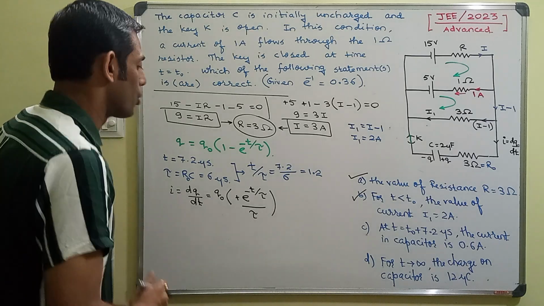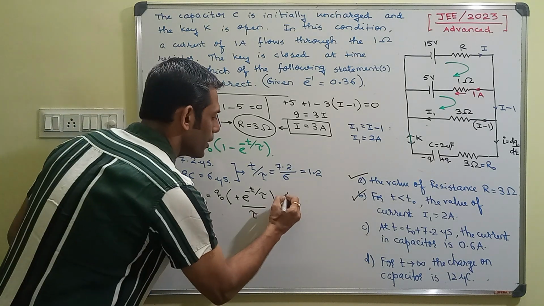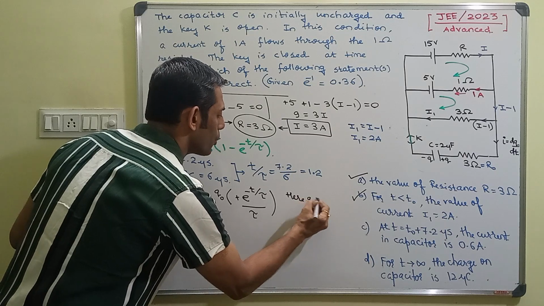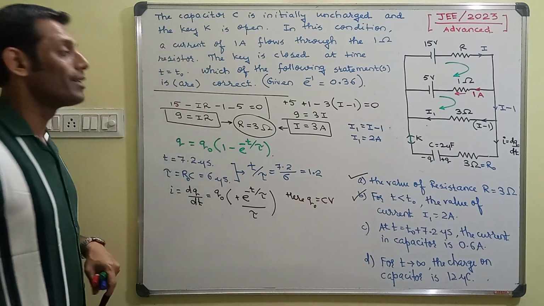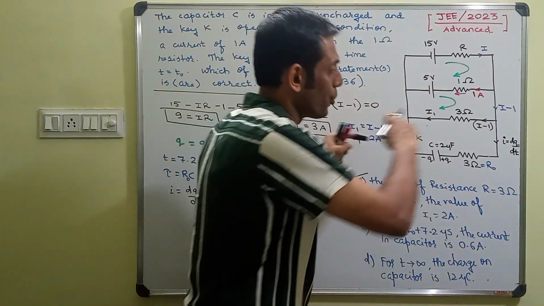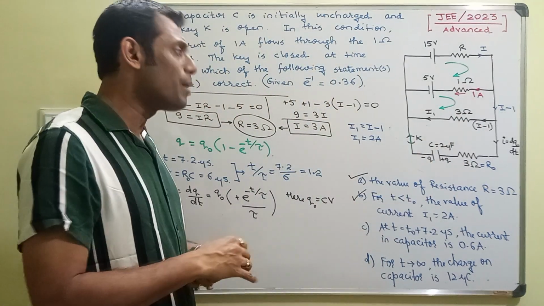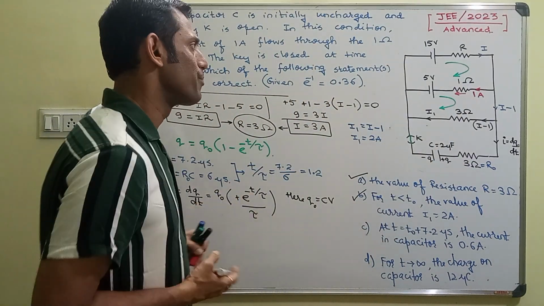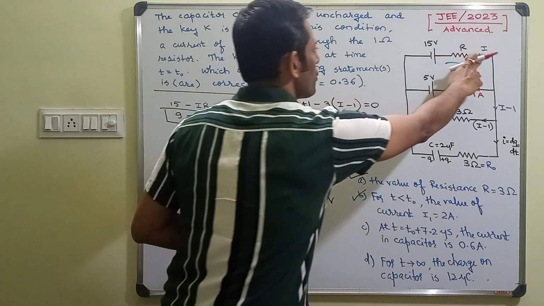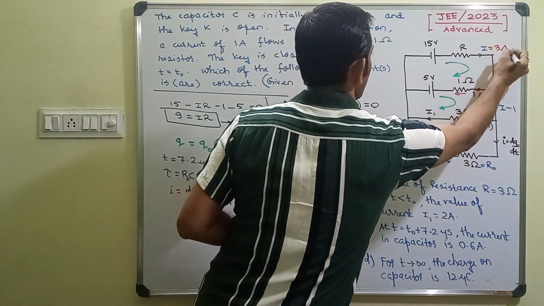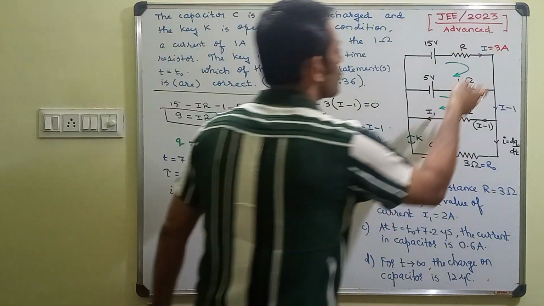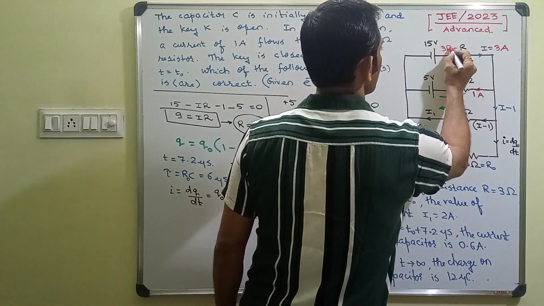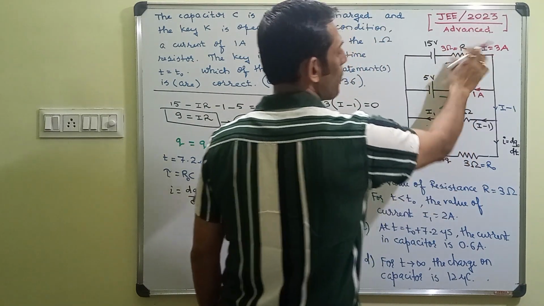Now how much is q naught? Here the value of Q naught would be equal to C into V, the capacitance and the potential across the capacitor plates. Now, what is the potential across the plates? Let's see. If current I is 3 amperes and resistance is 3 ohms, the potential drop is 9.